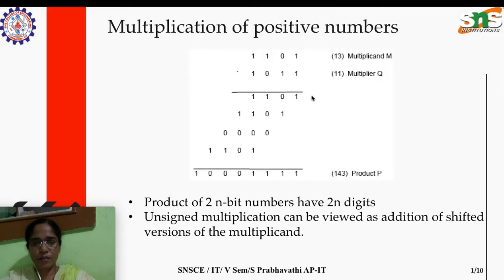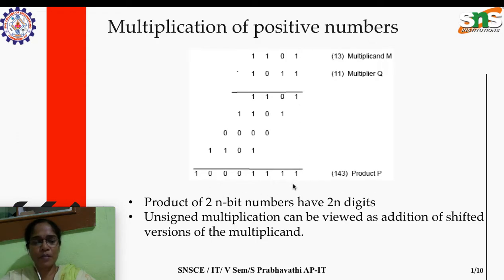So this is the partial product and now we are getting the multiplier value as 1. So what we are doing, we are shifting the multiplicand. This is the multiplicand, 1101, we are shifting it and we are adding it. In normal multiplication we add at the end.